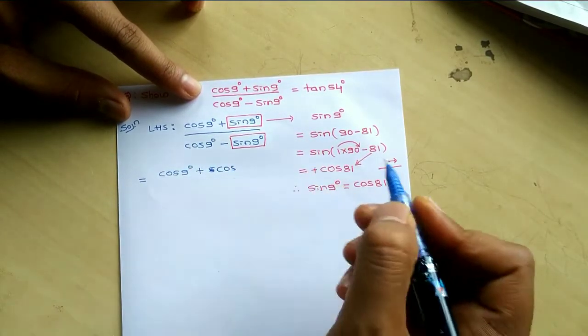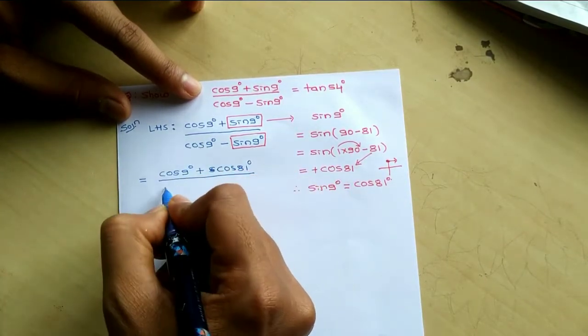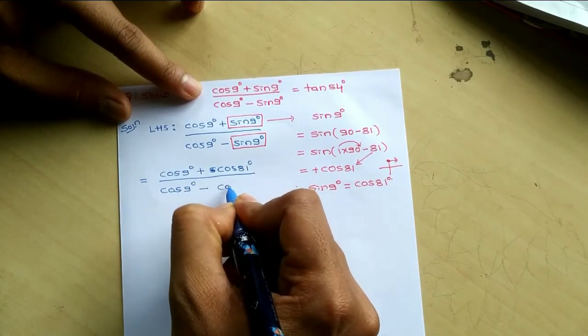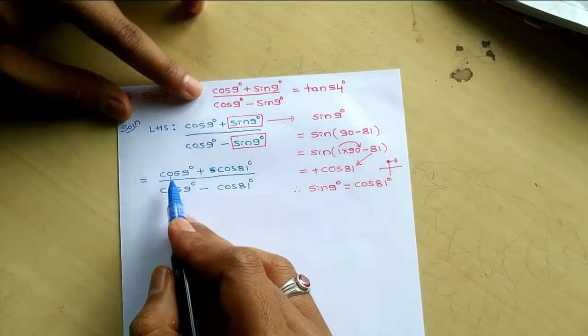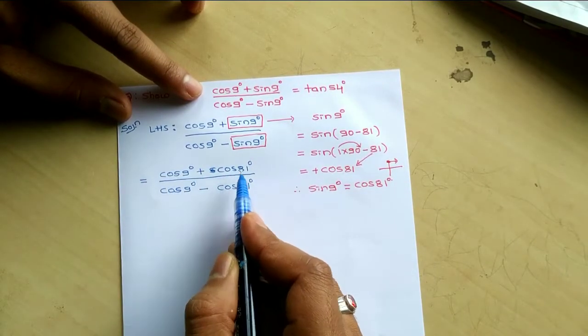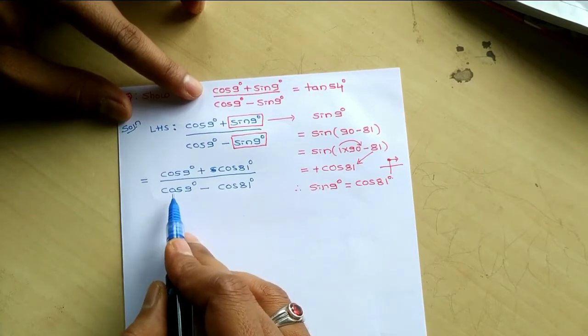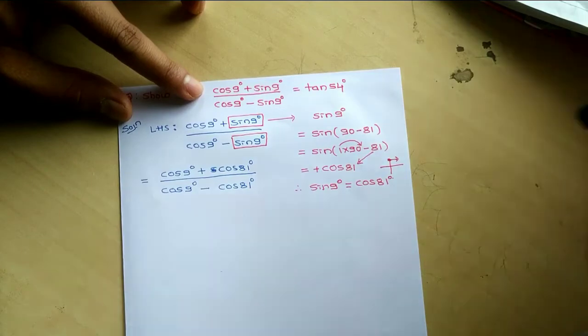Cos 81 degree divided by, again cos 9 degree I am going to keep it as it is, minus what again? Cos 81 degree. So now you can apply here cos C plus cos D formula, that is transformation formula, and here cos C minus cos D. Correct? So you know the formula.